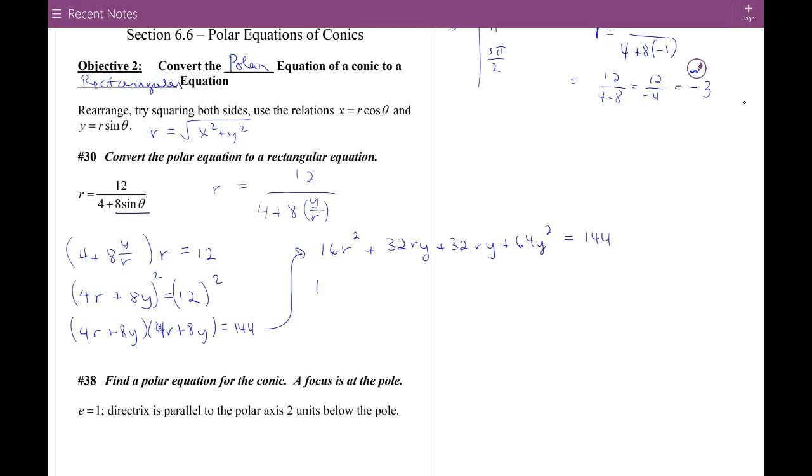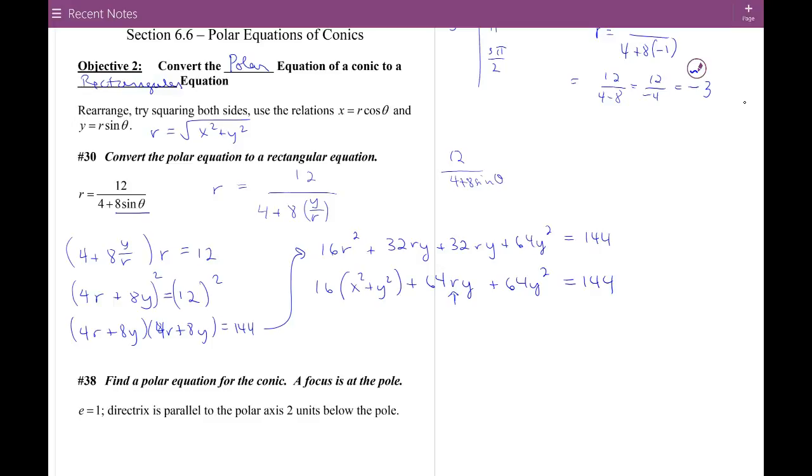Okay, so then 16r squared is 16 times x squared plus y squared. And then let's see, 64ry plus 64y squared equals 144. Well, that's kind of a mess. Let's see, what am I going to do about this r here that's not squared? So let me think about that one, and I'm going to come back to it, because this is not an easy one. Although, let's see, do we know what shape it is? 12 over 4 plus 8 sine theta.